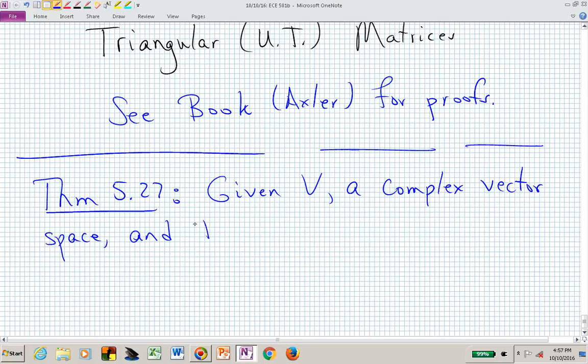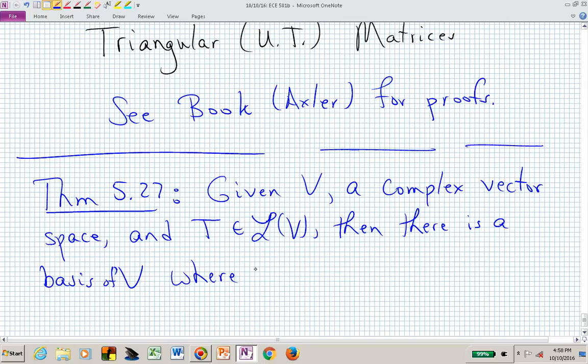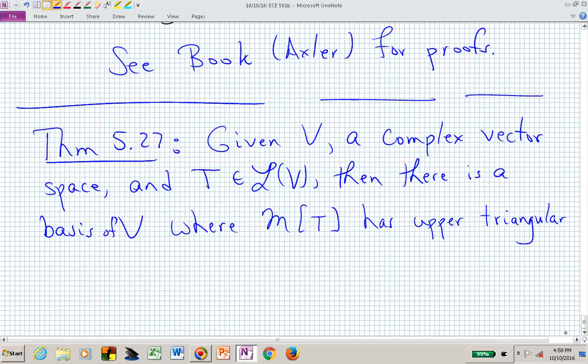And let's now have a linear operator on that complex vector space V. Then there is a basis of that complex vector space V, where the matrix representation of this linear operator T has upper triangular form.